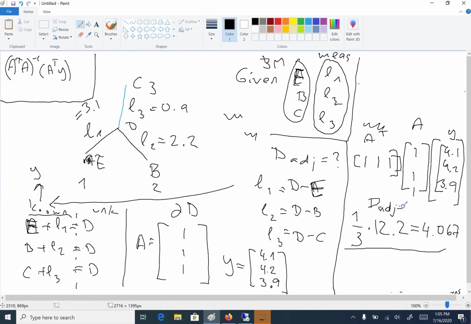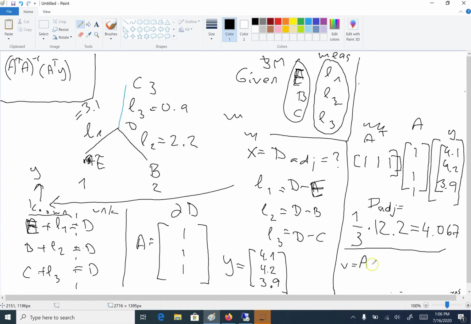And let's calculate our residuals. Oh, I forgot to label this. This is going to be our X, our vector of the unknowns.